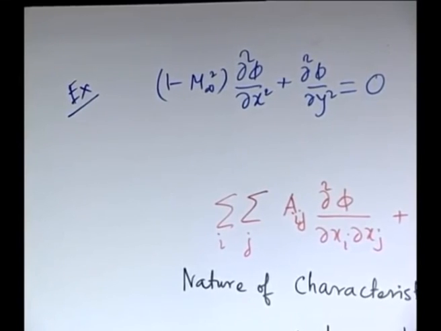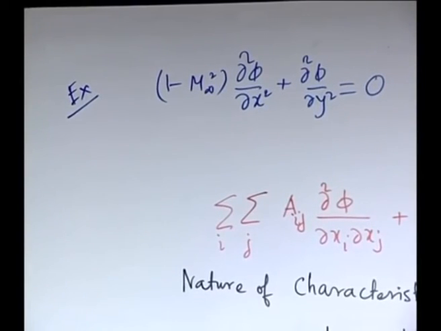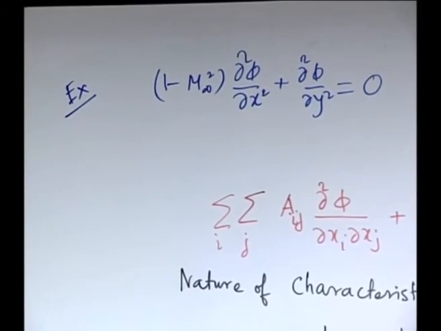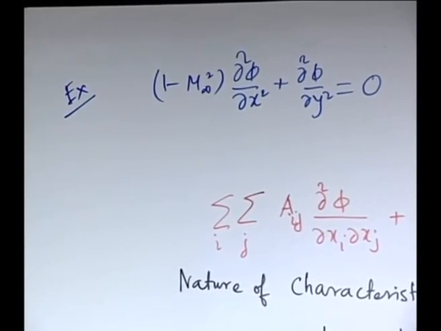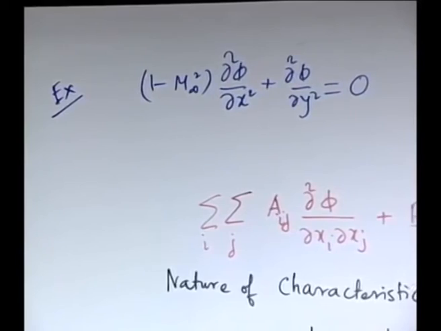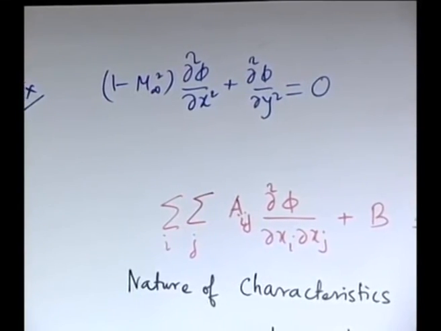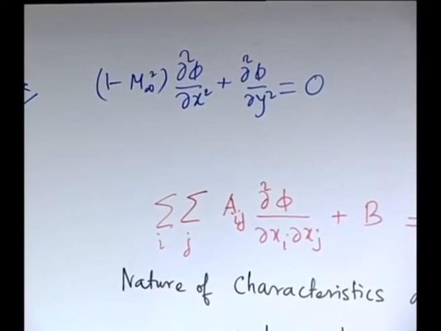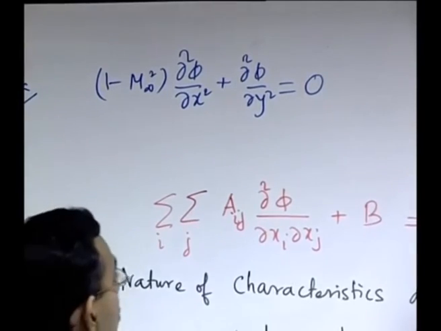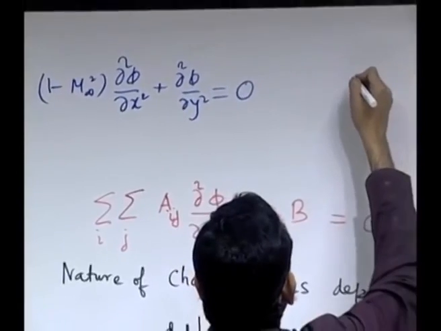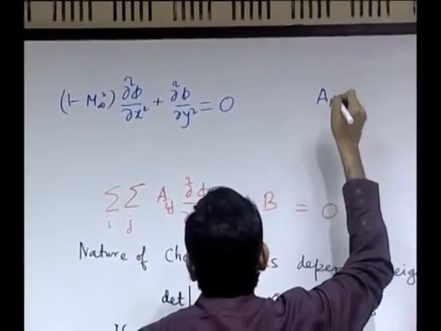This is an equation relating the velocity potential for isentropic inviscid compressible flows over slender shaped bodies, that is, bodies having a slender shape. From this we have to identify the characteristics of the corresponding partial differential equation. So let us try to use this rule. You have A11.